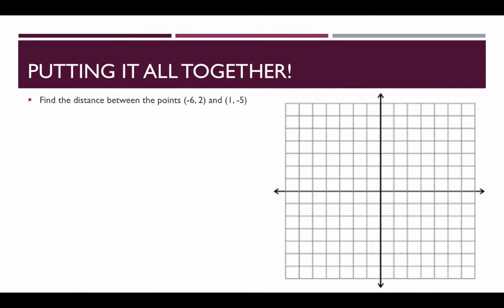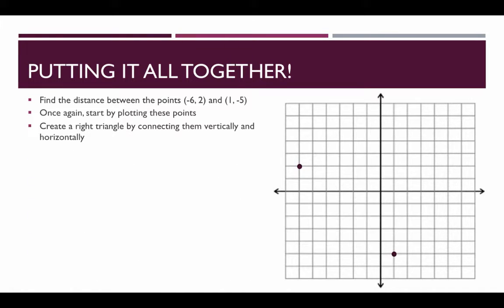Let's find the distance between the points -6, 2 and 1, -5. So once again, we're going to start by plotting these points. So the first thing that you should do for part 1 of this section, plot the points, and then we're going to create a right triangle by connecting these 2 points vertically and horizontally.